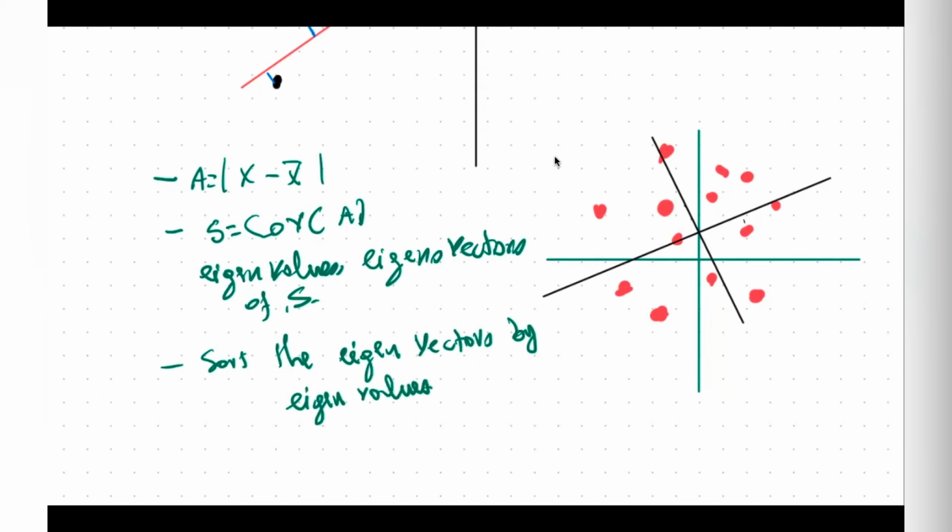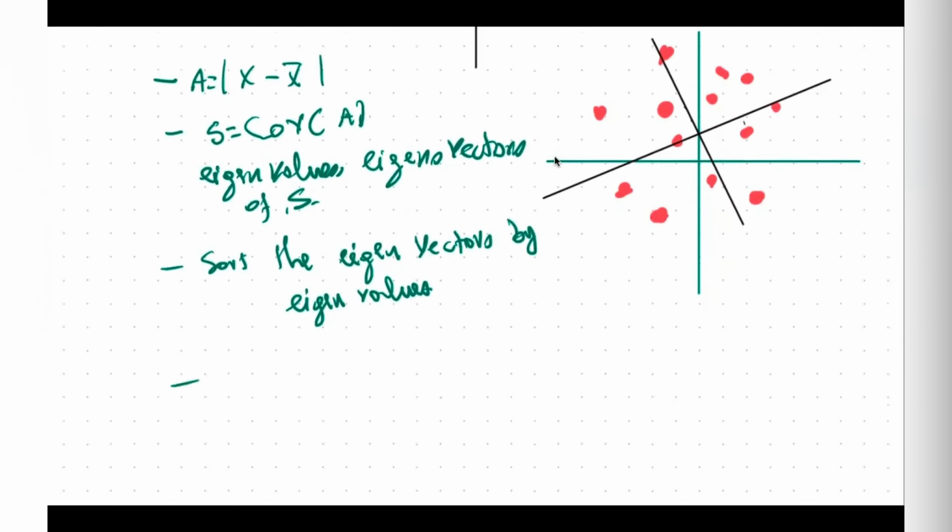Because the highest eigenvalue tells us which is the most important component, okay? In the last step, we project A to the top K vectors.